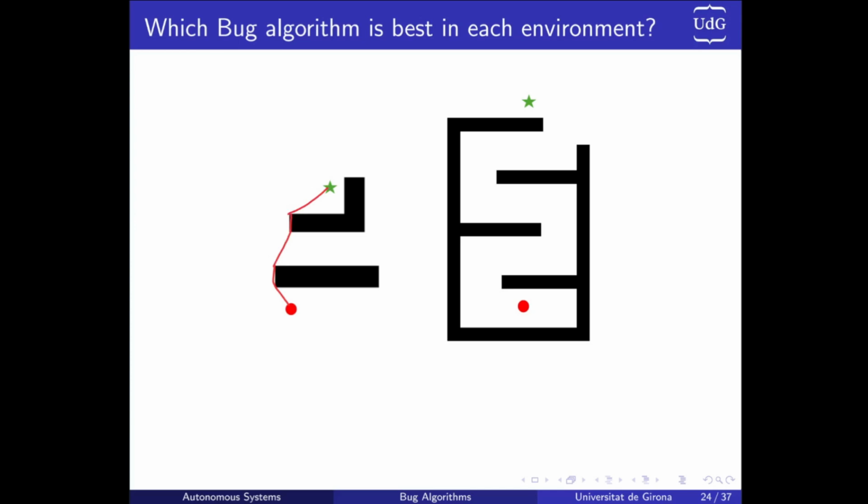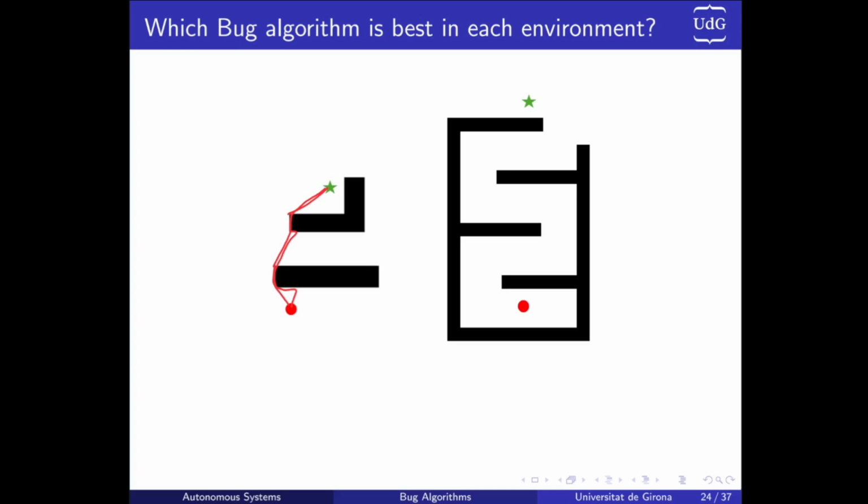I think there is no shorter path than this path to reach the goal. And Bug 0, if you remember, was doing something like that. It's not so far from the optimal, more or less. Then, for this particular environment, probably Bug 0 will work.